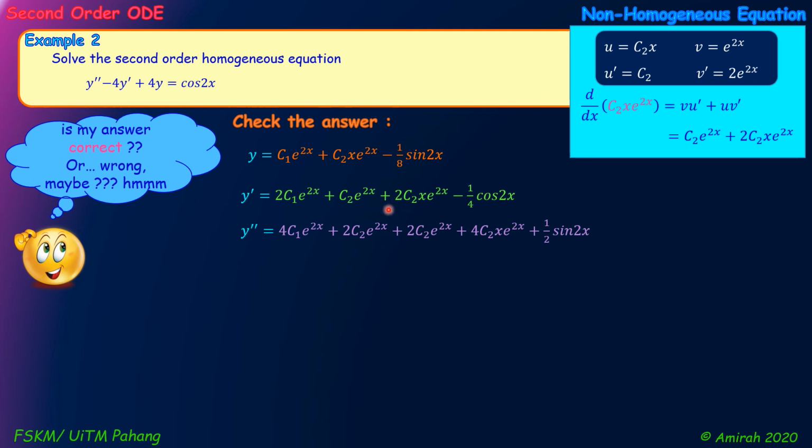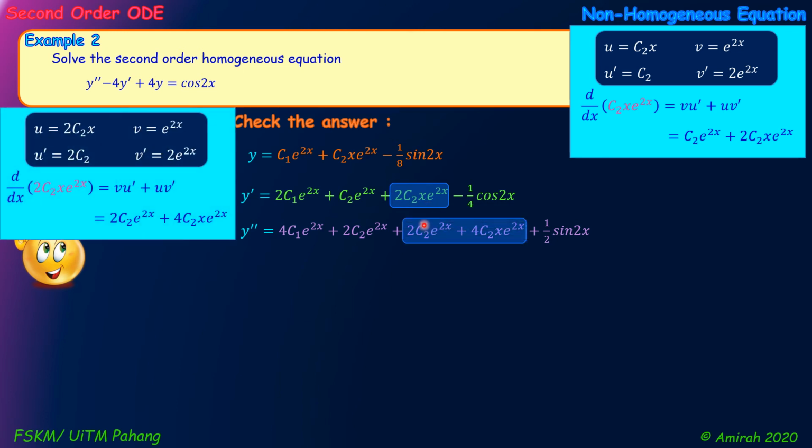Okay. But for 2C2x e to x, this is multiplication between variables. So we need to use product rule to differentiate. So to differentiate 2C2x e to x using product rule, our u equals to 2C2x here, and then our v equals to e to x.